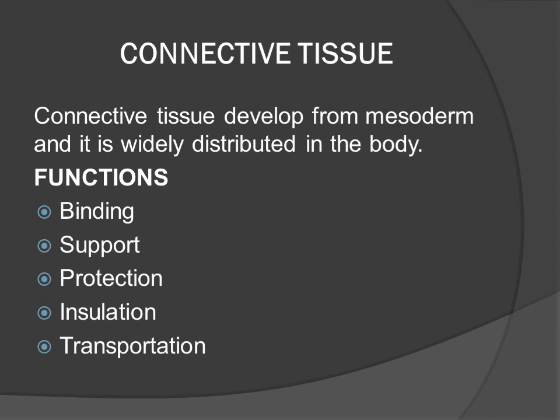Then it acts as insulation, meaning it does not transfer heat. Then transportation, transporting substances in and out of the body. These are all the functions carried out by the connective tissue.